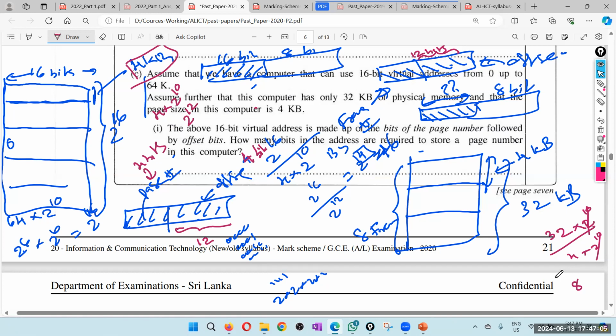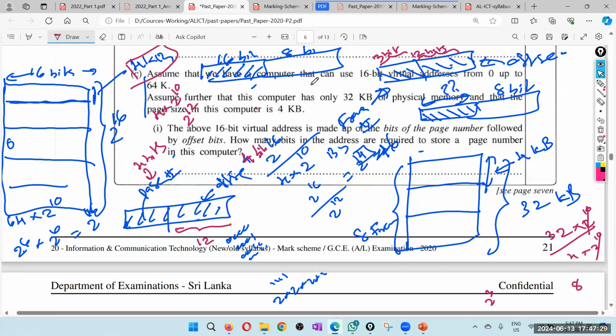So 8 frames means 2 to the power 3 frames. That means this part is only 3 bits. Because this is your frame number. In order to identify 8 different frames, you need 3 bits.